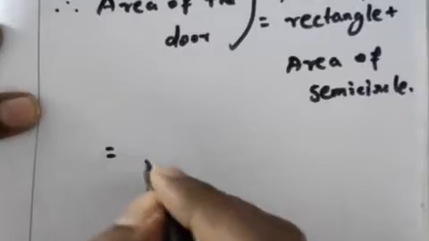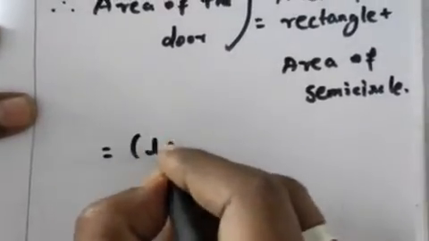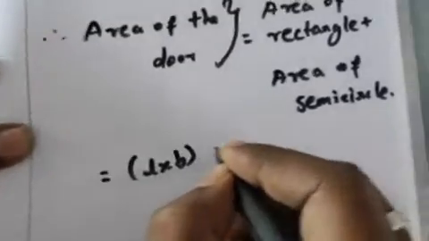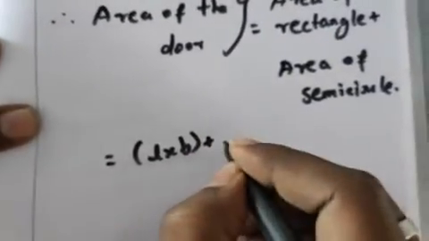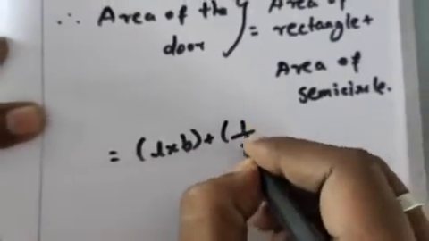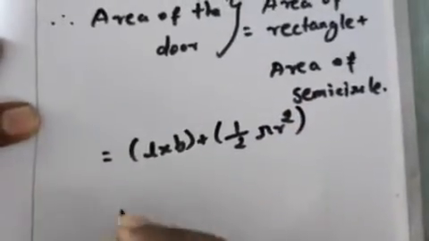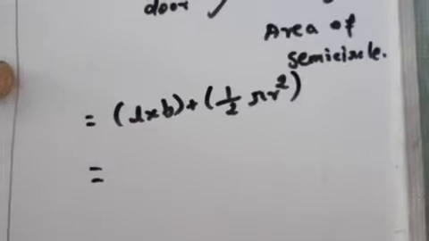The area of the rectangle formula is L into B, plus the area of the semicircle formula, which is half into pi r square.